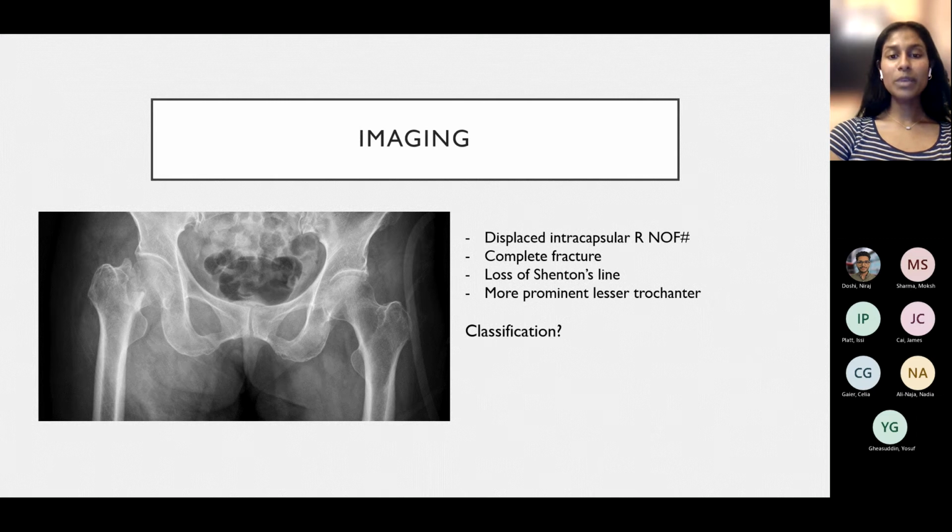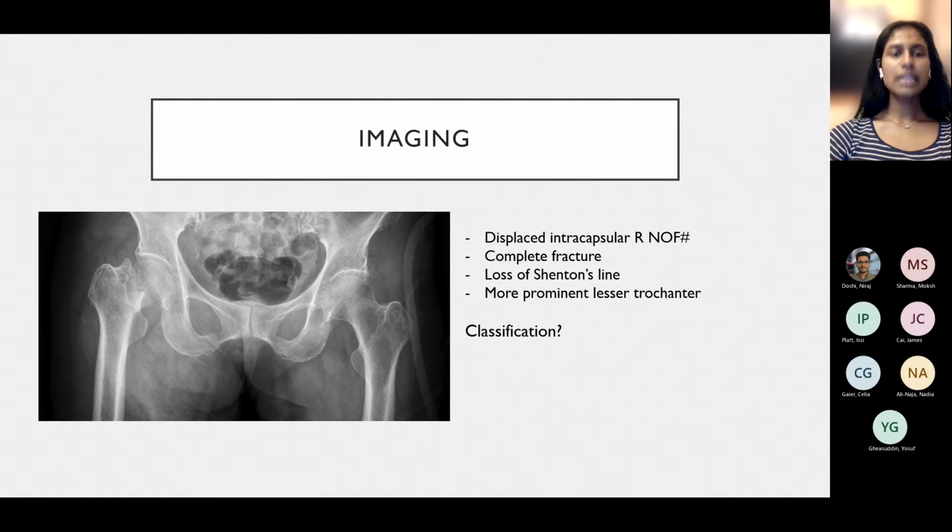But does anyone know what Weber's is? Anyone know what Weber's classification is used for? A bit more distal than the hip. So that's the ankle. Yeah, brilliant. That's the ankle. But unfortunately, today's just about the hip. Sorry to disappoint, but maybe I can visit the ankle in a future presentation.